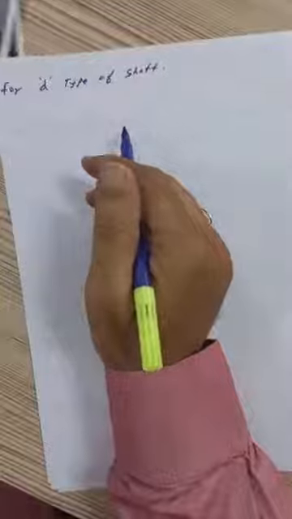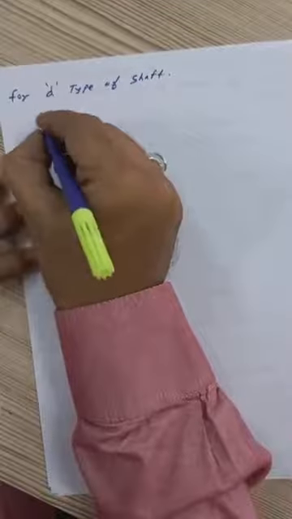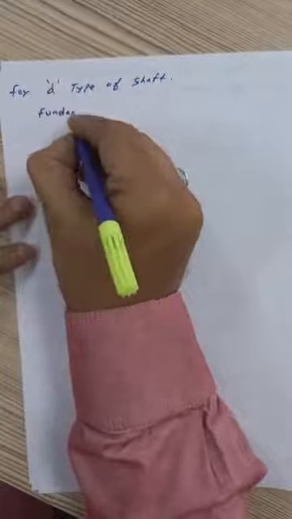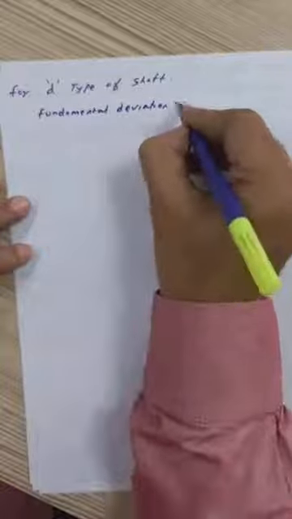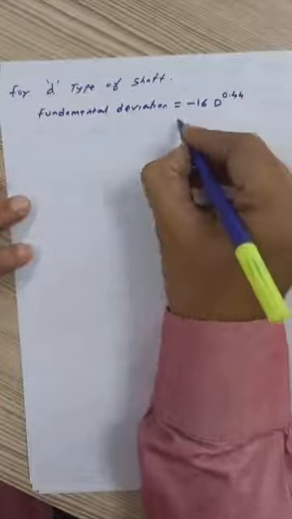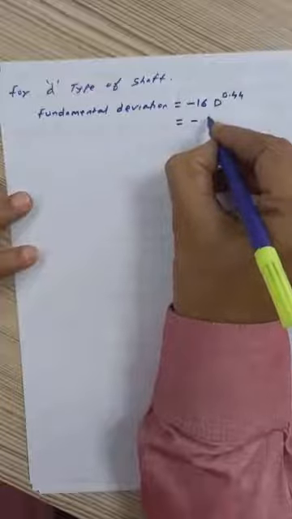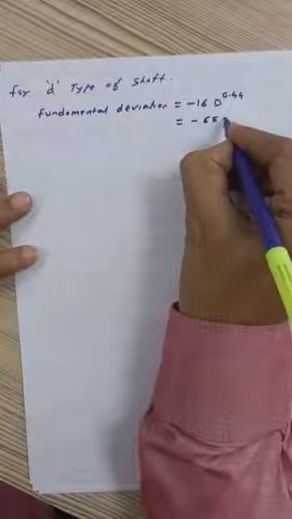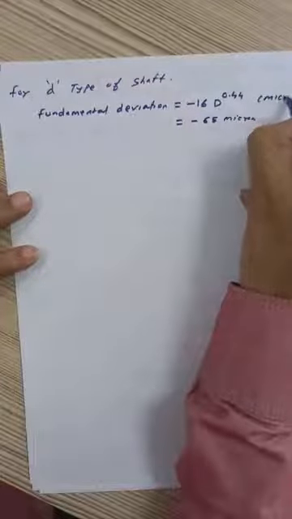So for D type of shaft, the fundamental deviation is equal to minus 16 d to the power 0.44. Put the value of D, and you will get the answer in microns. It comes to be 65 microns. If you put all the values, these are in microns, right?